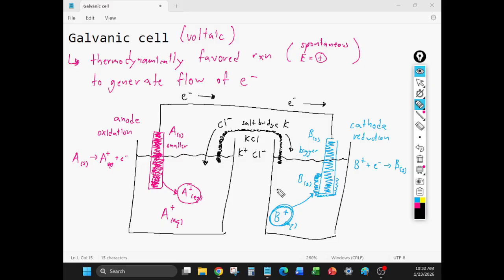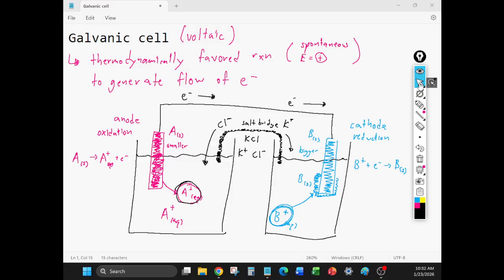So the salt bridge is actually going to dissolve over time as well, because the anion of the salt bridge is going to go into the anode to balance out all the positive charge coming in, and the cation is going to go into the cathode to balance out all of the cations becoming solid. So that is a galvanic cell.